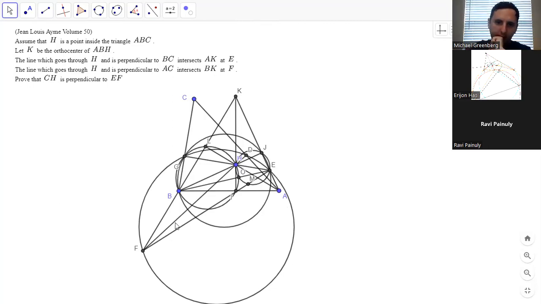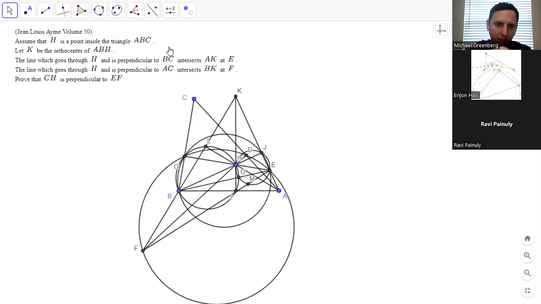I wonder if GBF is similar to GDE. Well, that would be the same as saying that angle GBL is equal to 180 minus GDE, which is GFE.